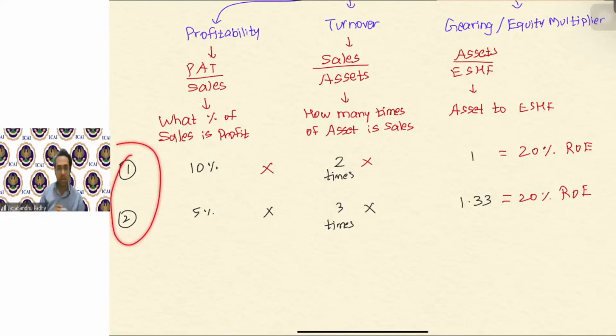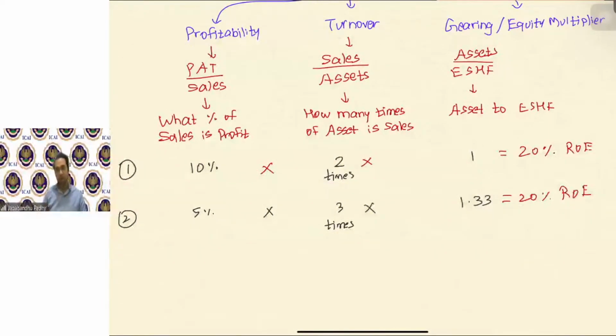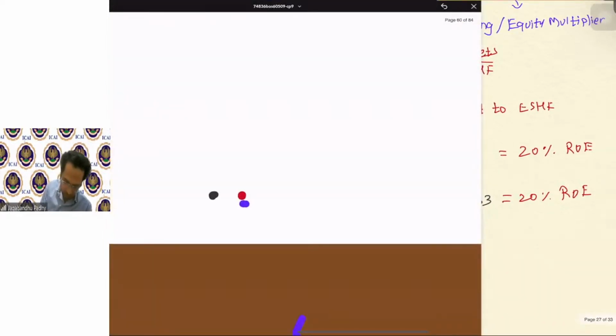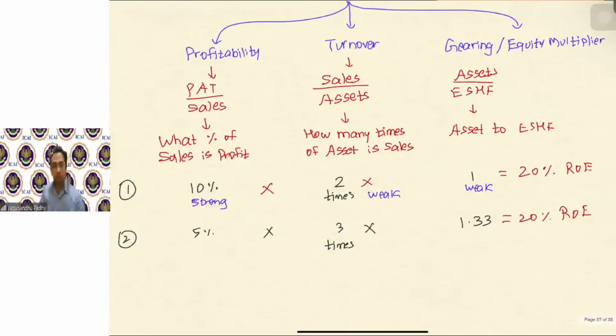If you compare both companies, I want you to comment on the first company: in which area is the company going strong? The company is strong in the profitability part, whereas it is weak in the turnover and capital gearing.